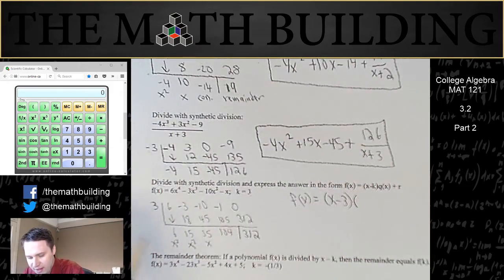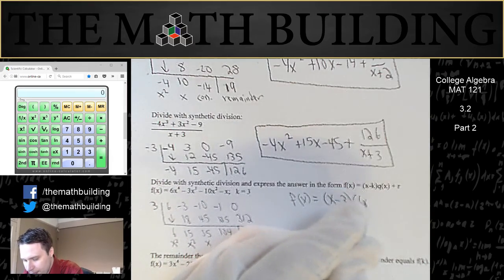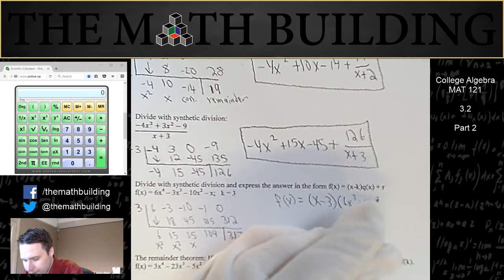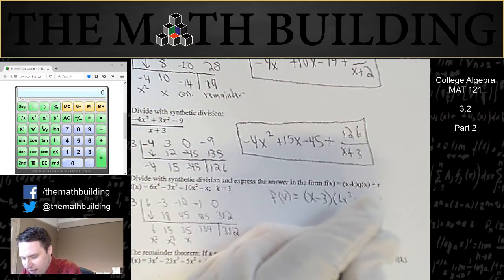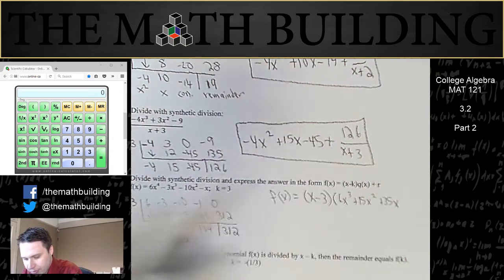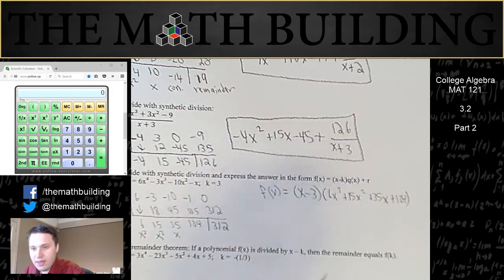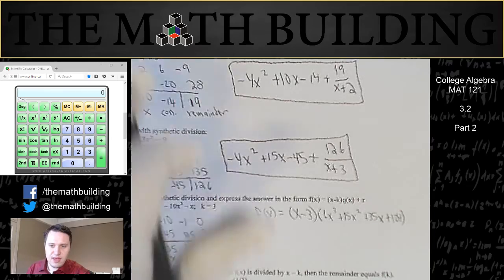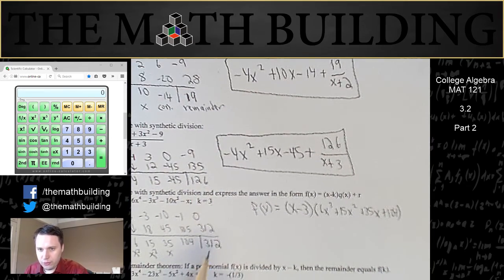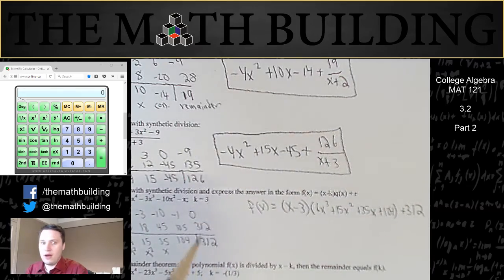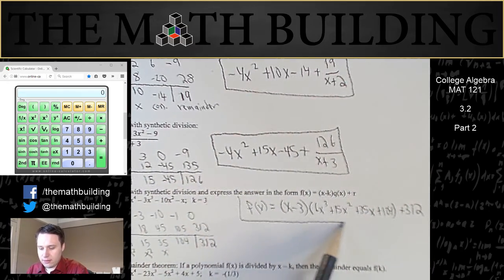So this is going to be times 6x to the 3 plus 15x squared plus 35x plus 104. And then you close your parentheses, and then we just add our remainder, which is 312. Okie dokie, so that's our answer.